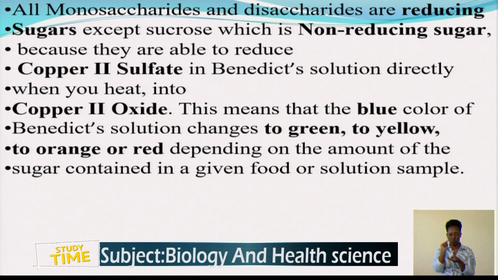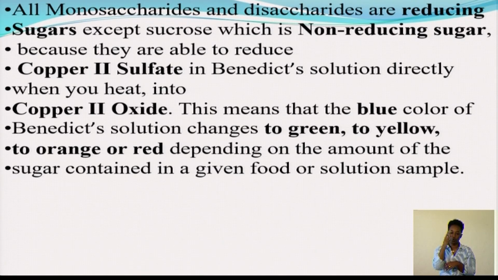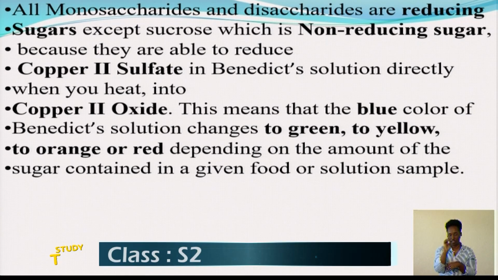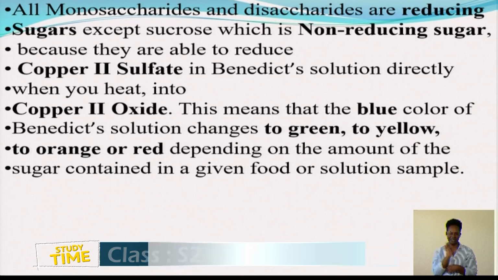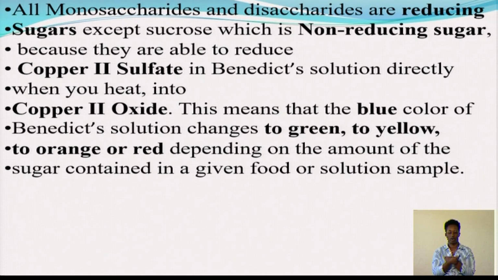We have copper(I) oxide. This means that the blue color of the Benedict's solution changes to green, to yellow, and finally to orange or red, depending on the amount of sugar present in a food sample.